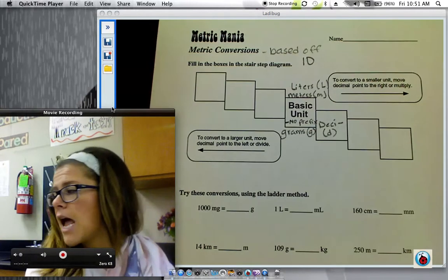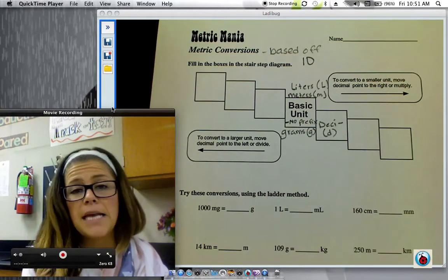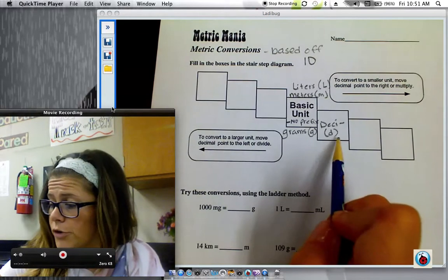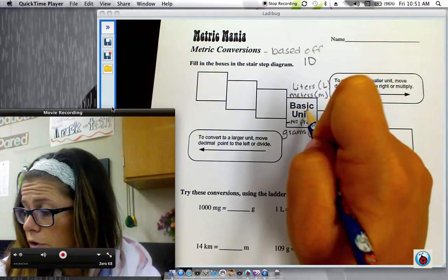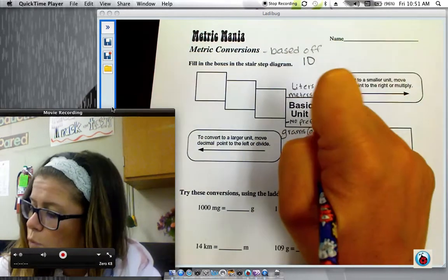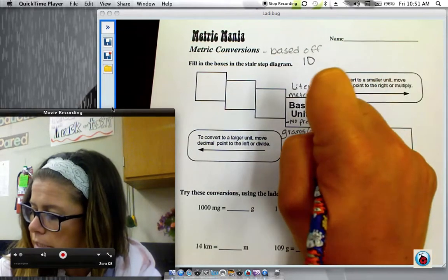And anytime that I go from the basic unit down to a smaller unit, so from grams to decigrams, that would be DG, I would want to multiply my grams by 10.